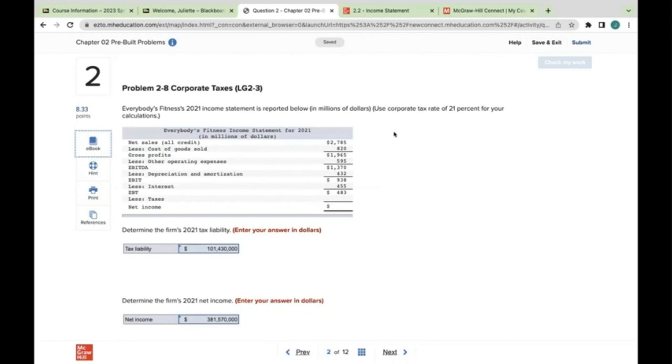EBITDA, which is 1,370,000, times 0.7. You understand what 0.7 is? It's what's left after deducting interest, because allowable interest is 30% of that.